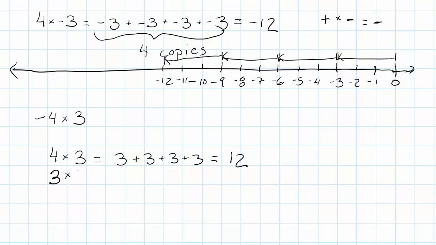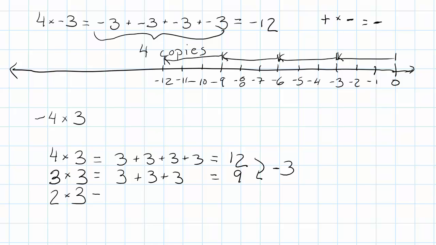Positive 3 times positive 3, well, that would just be 3 copies. It takes 1 fewer 3's to make our 9 than it did to make the 12.